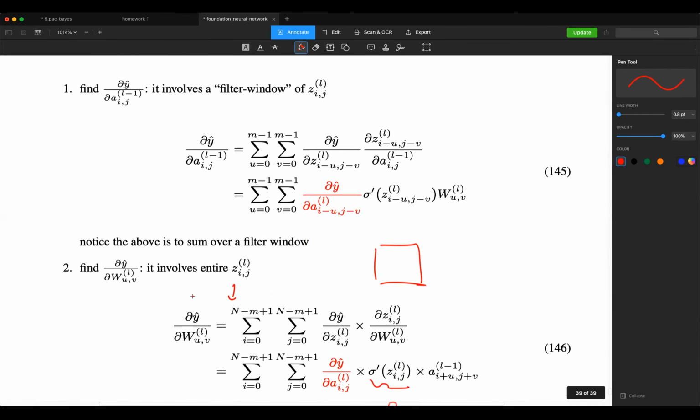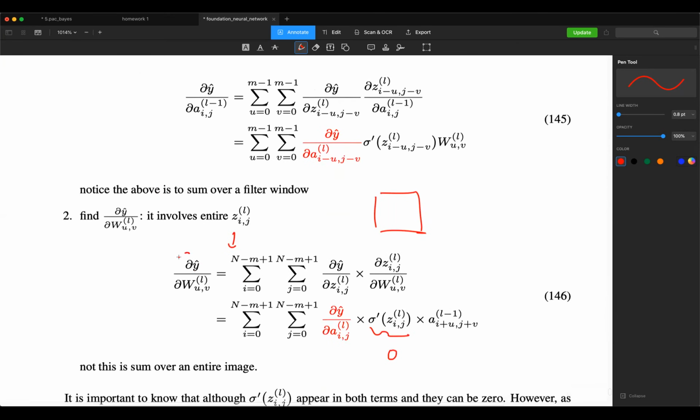That's your derivative formula. You take the derivative with respect to every single value of your convolution kernel, and you get a summation across all your pixels. If one of them is 0, it doesn't matter because you have a summation of a lot of them.